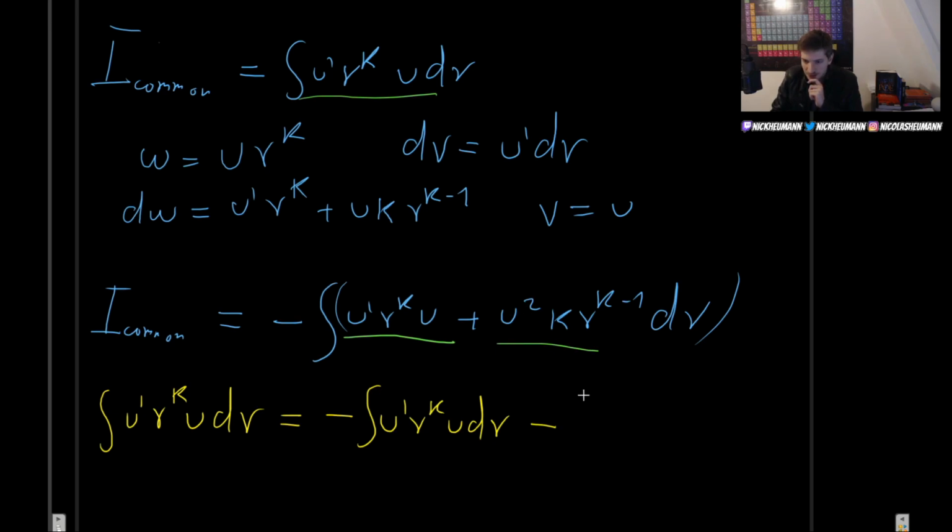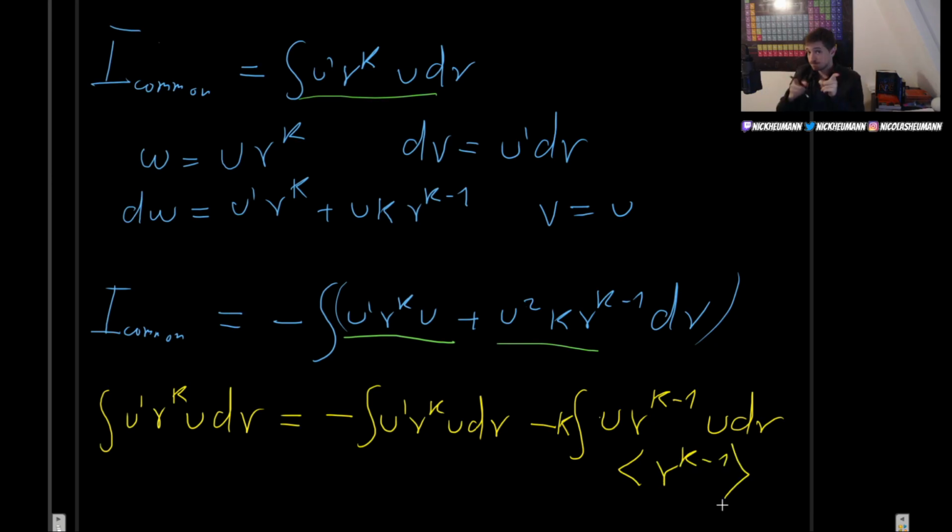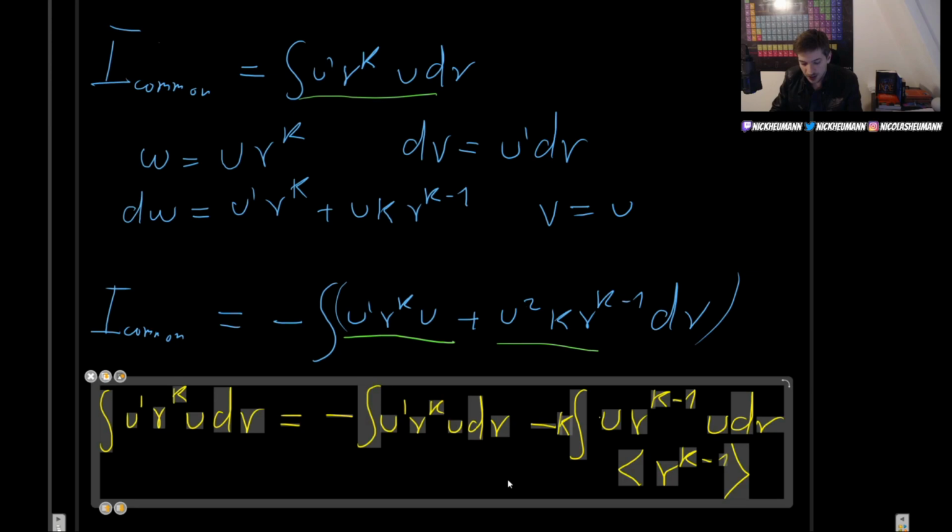It's going to be minus integral of, maybe let's put a k in front, of u r to the k minus 1 u dr. What is this? This is an expectation value. It's simply the expectation value of r to the k minus 1. Nice. And since this is the same as that, actually let me go to a new page. I don't want to make this too chaotic.